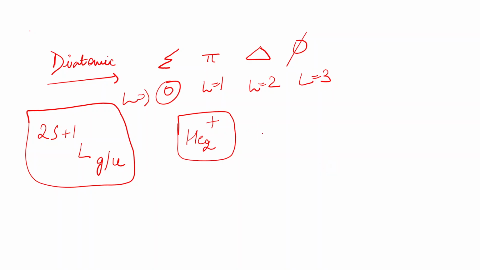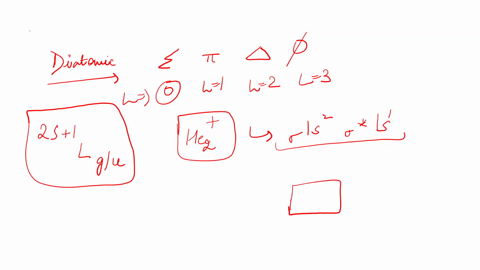Firstly we have to write the electronic configuration. It's sigma 1s2, sigma star 1s1, because there is also one electron. It's helium 2 positive now. So the electronic configuration is sigma 1s2, sigma star 1s1.